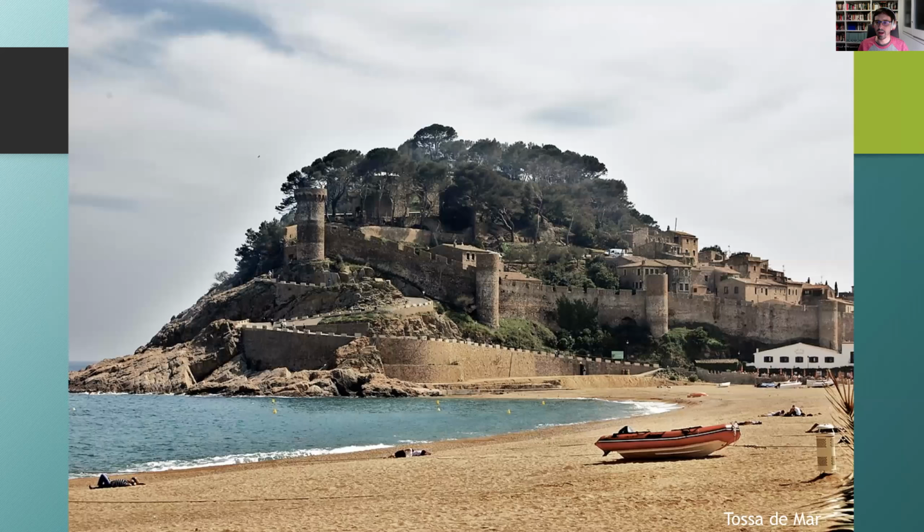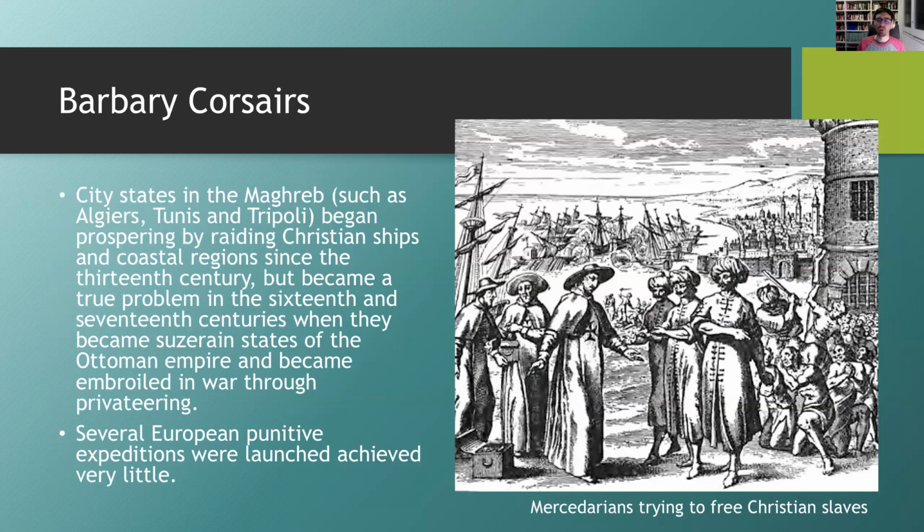In fact, some of the fortifications that you see in the European Mediterranean, for example, Tossa de Mar, were built to defend against these slave raids conducted by the Barbary privateers. So city-states in the Maghreb, Algiers, Tunis, and Tripoli, began prospering by taking these captives and these slaves.